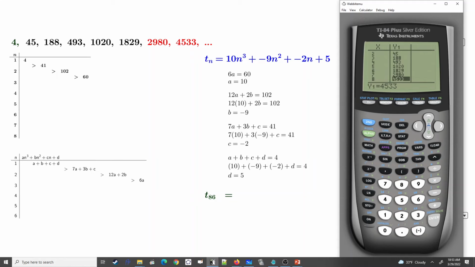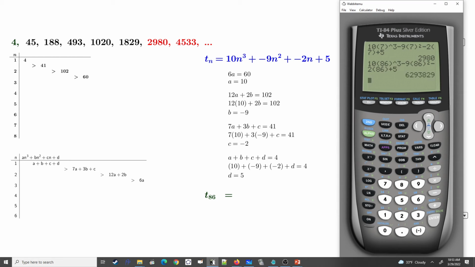I'm feeling really confident. If you want to do what eventually will be the 86th term, I could do what I did here. I could go 10 times 86 raised to the third power, minus 9 times 86 squared, minus 2 times 86, and I could add 5.